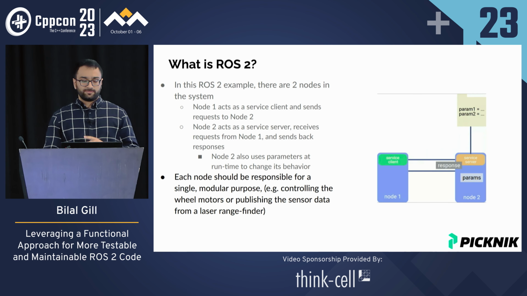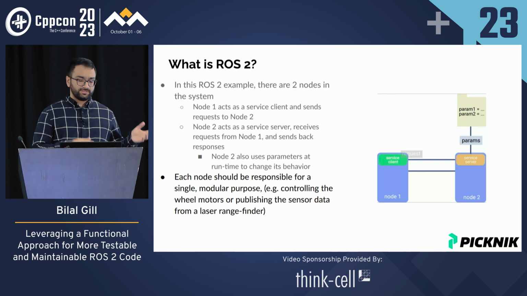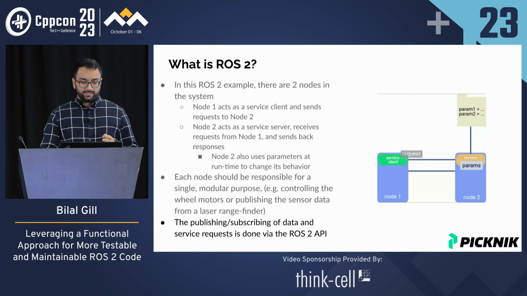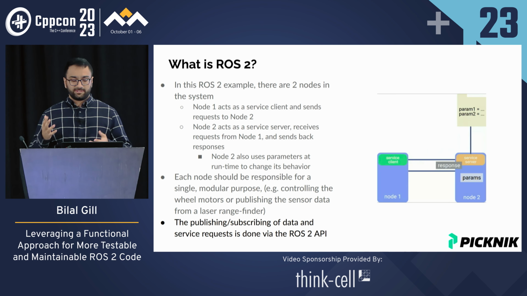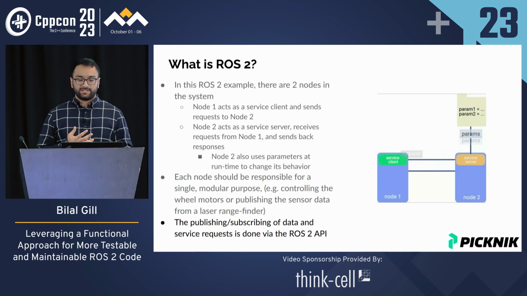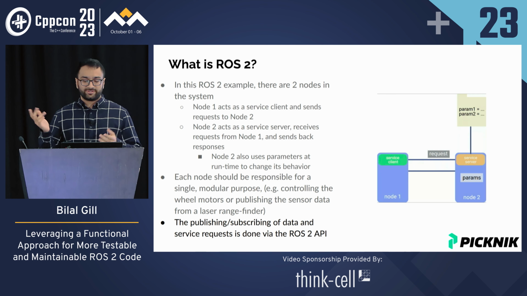The thing is, we want each node to be responsible for only a single thing, either controlling motors or publishing sensor data, things like that. The publishing and subscribing of data and service requests is done via the ROS2 API. The straight lines you can see connecting the nodes, you can imagine as the middleware, which carries the request from one node to another.